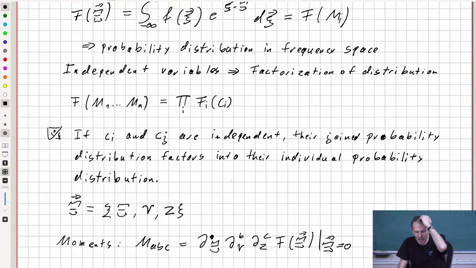Now, as I told you when we introduced this, these are the coefficients of a series expansion of this moment generating function. When you take a Taylor expansion of something, you need the derivatives at a development point, and the development point is here 0.